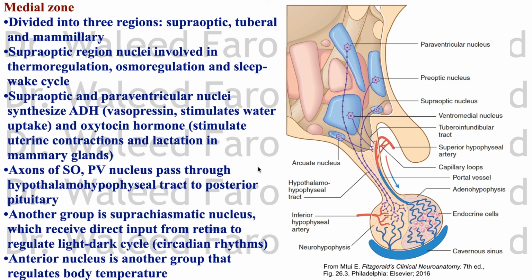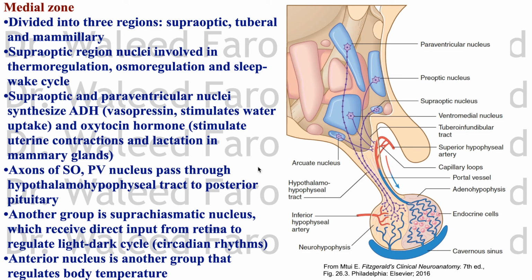And also involved in osmoregulation, regulating the concentration of different electrolytes in the body fluids, and the sleep-wake cycle, because there is a connection with the optic tract and chiasma to the nuclei of the hypothalamus for detection of day and night. That's why we have sleep-wake cycle.